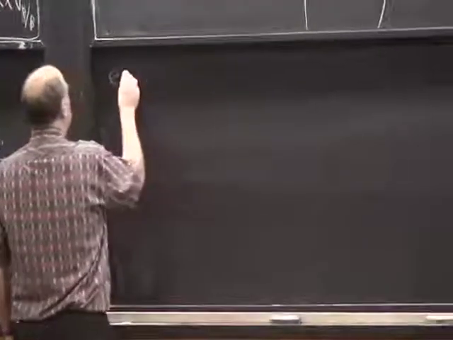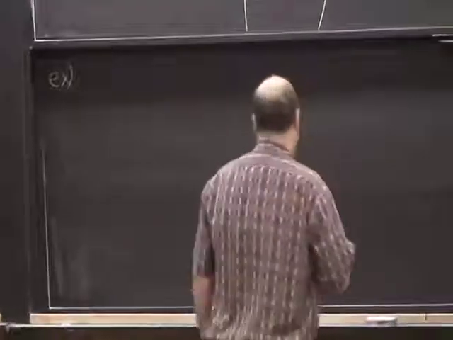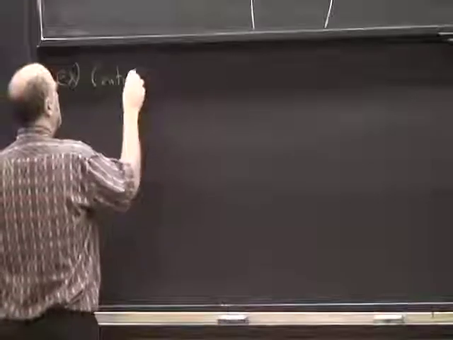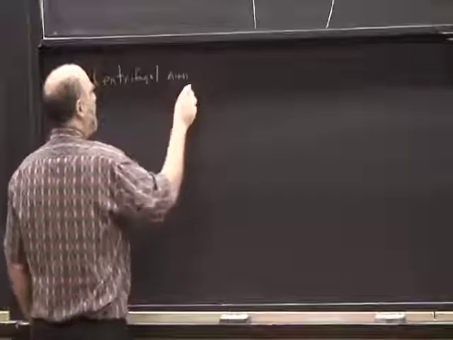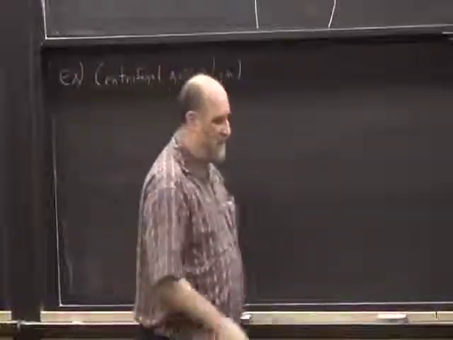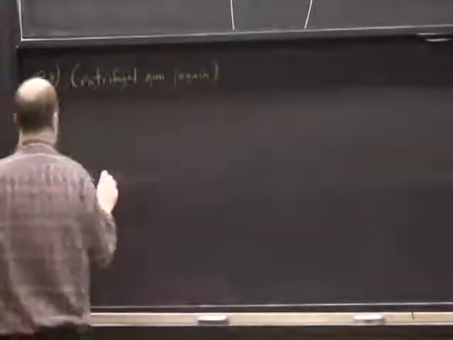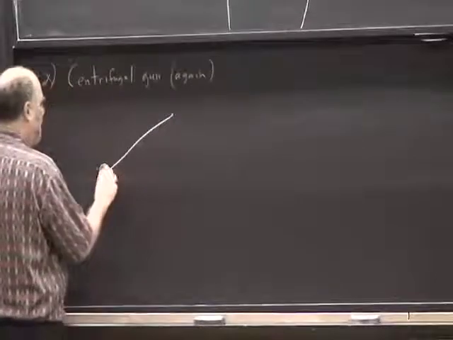Okay, so let me try a different example. And this is going to be that centrifugal gun again, but I just want to do it with this new apparatus. So we'll take this stick, which is spinning around in circles.